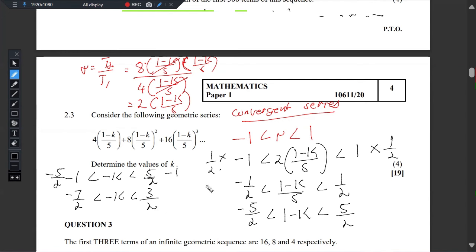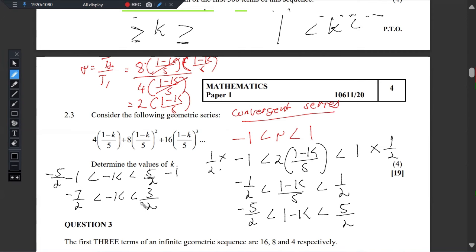But now the one thing that you have to note here, because I have -K, if I want to write this as positive, I must simply remember, if I start dividing by negative here, the signs can't change and face the other way. There's no such thing as this. You can't have K here and then the signs are facing that side. Your signs are always like this. Now, what is it that you're going to do?